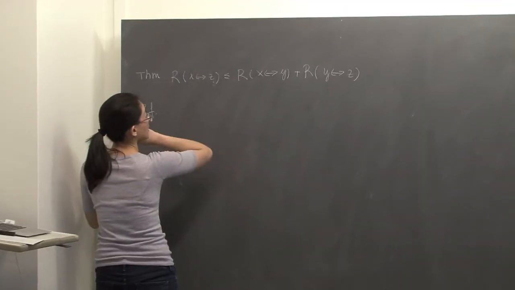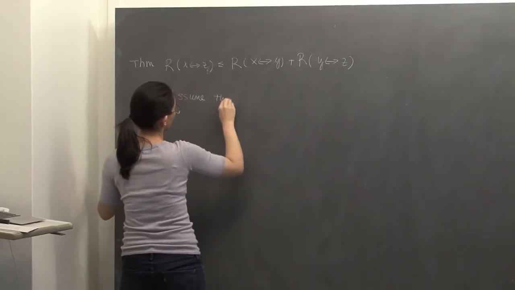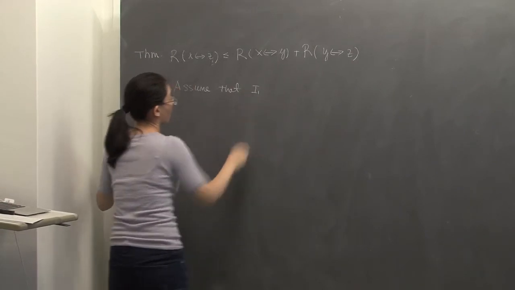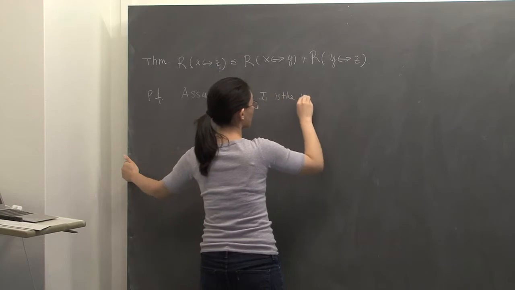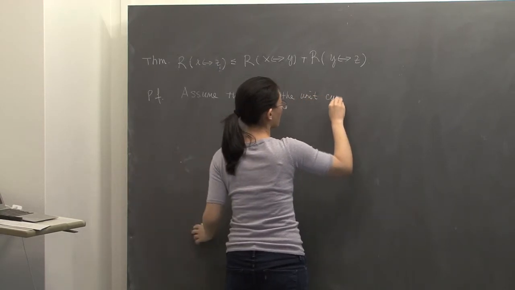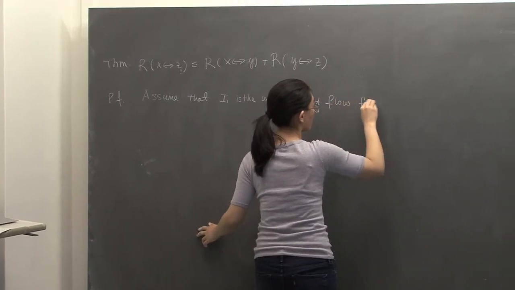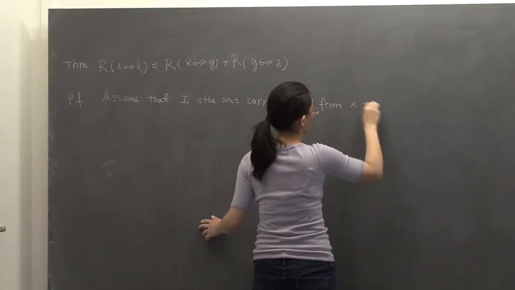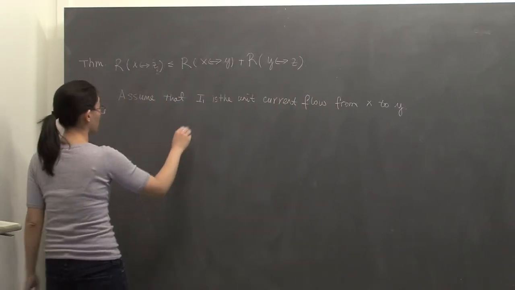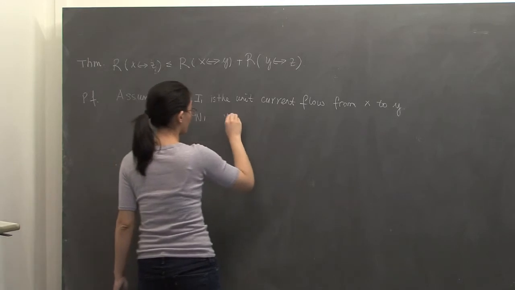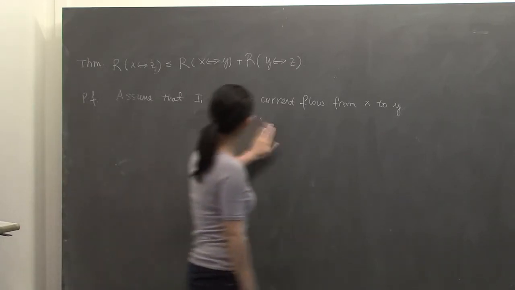So assume that I1 is the unit current flow from X to Y, and W1 is the corresponding voltage.